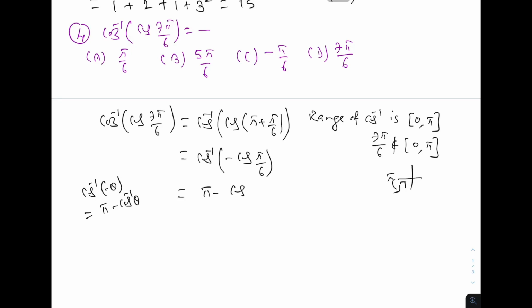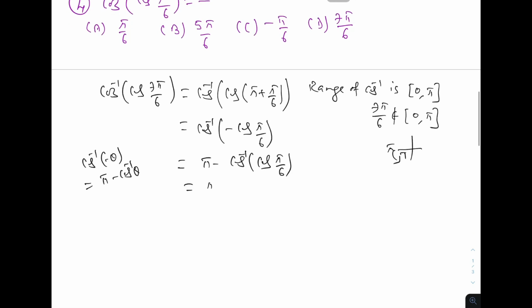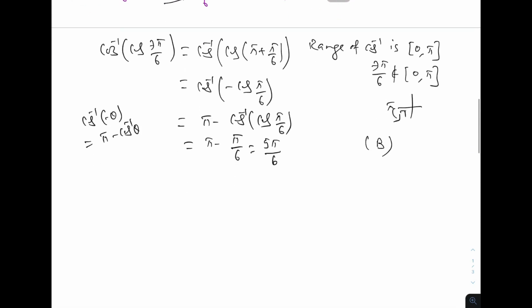So this is pi minus cosine inverse cosine pi by 6, so pi minus pi by 6, and that is nothing but 5 pi by 6. So 5 pi by 6 is our answer.